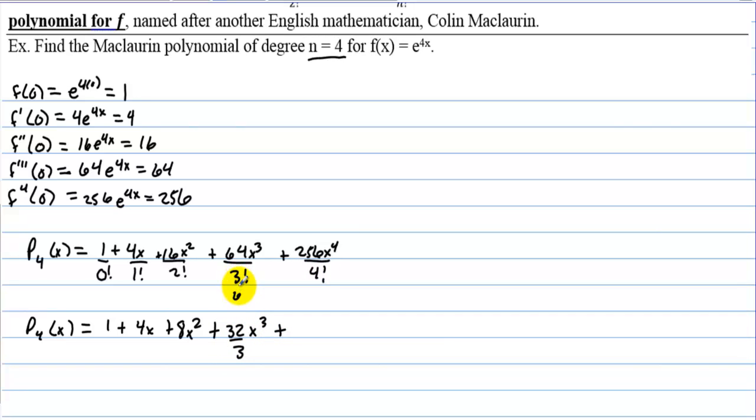And 4 factorial is 6 times 4, that's 24. If we divide 256 by 24, we get 32 over 3. So again, we have 32 over 3 x to the fourth.